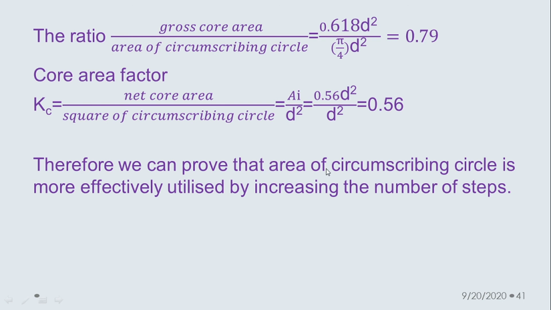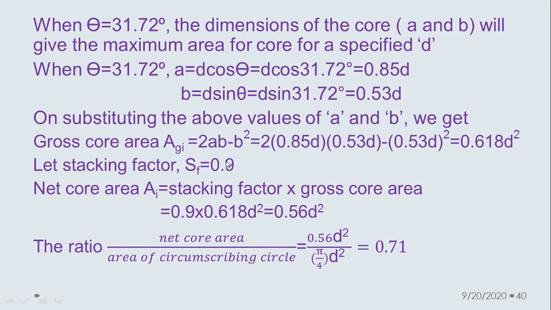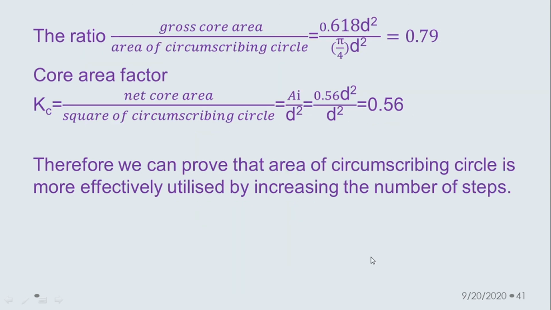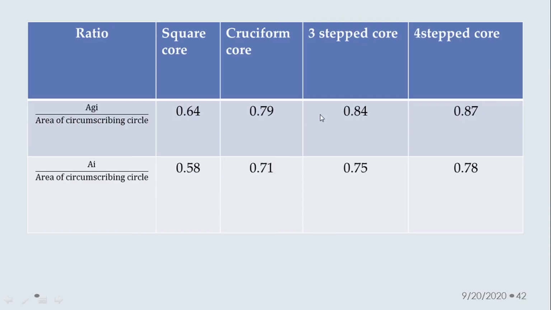Therefore, we can prove that the area of the circumscribing circle is more effectively utilized by increasing the number of steps. If you consider the ratio of gross core area by area of circumscribing circle and net core area by area of circumscribing circle for the square core and the two-stepped or cruciform core, the value is higher. That is shown in this particular table.